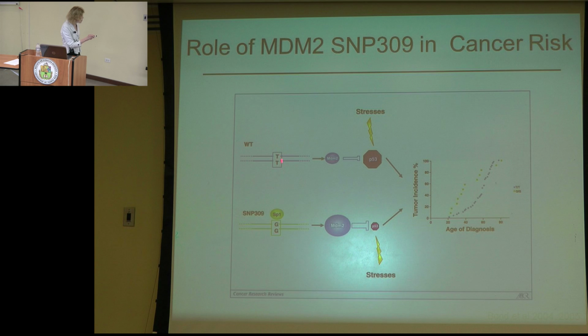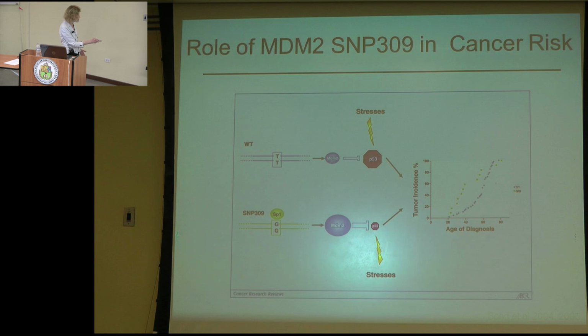What was found, based on basic science studies in the laboratory initially, was that the SNP309 increased transcription factor binding and increased transcription of MDM2, which therefore attenuated the available p53.